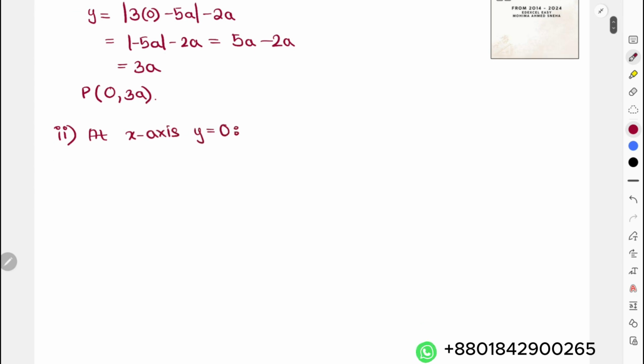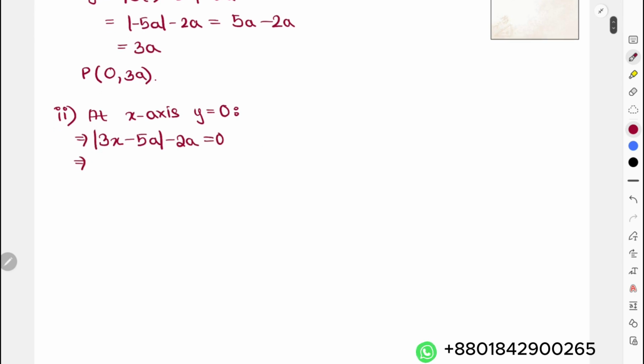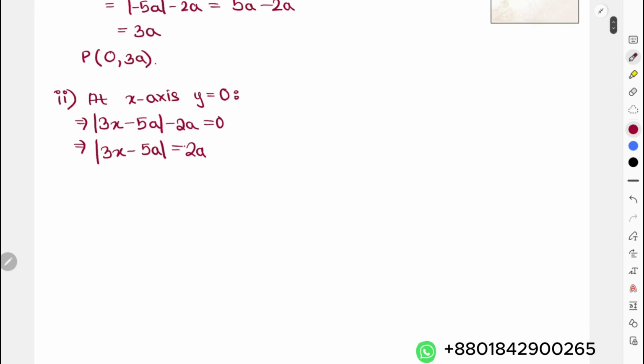If at the x-axis y is 0, then you get 3x minus 5a minus 2a equals 0, and then taking this 2a to the right hand side, we have 3x minus 5a equals 2a. If you take this to the right hand side, it becomes positive. So 3x equals 2a plus 5a, which is basically 7a, and finally you can say that x is 7a over 3.